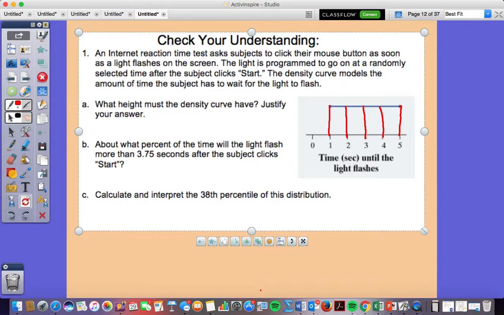So we have to find out what height it would be in area. The length is 5. Did y'all get the height? Density. So the area is what? 1, right? So what is the area of this right here? 0.25.